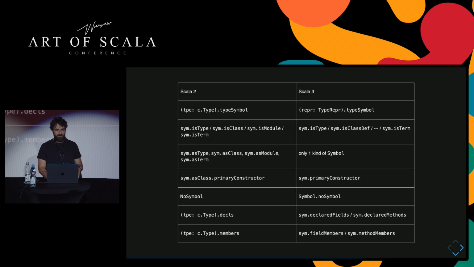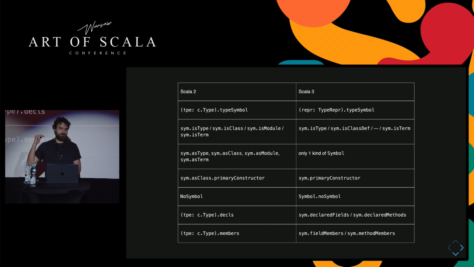So when we compare those things, let's do just a short summary, because it would be too much to discuss all of that. If you look pretty closely at both code examples, you could see that I'm calling things like asType, asClass or asModule to access some methods very specific to the particular kind of symbol, depending on what it describes.